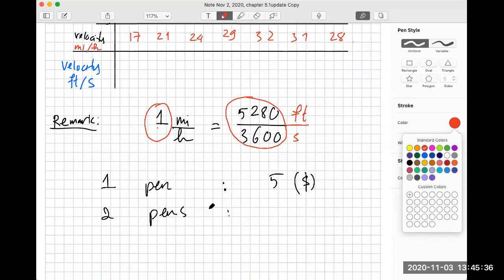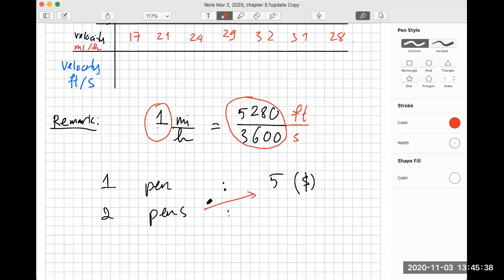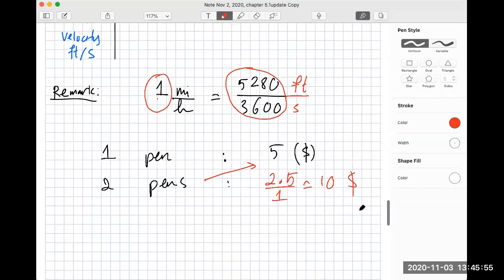So the rule is this: multiply 2 by 5 and divide by 1, which is $10. This is how to memorize to get a result for these types of problems. Proportional rules. Okay?